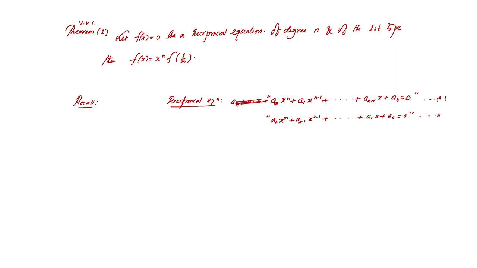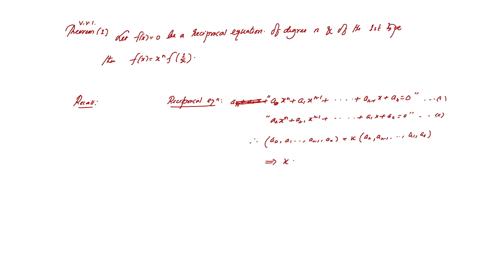So if one is a reciprocal equation, then 1 and 2 are identical, and in that case we write a0, a1, ..., a_{n-1}, a_n equals, because they are identical, k into a_n, a_{n-1}, ..., a1, a0.